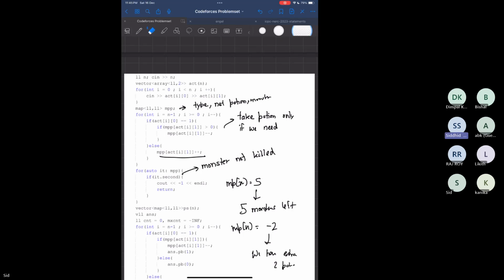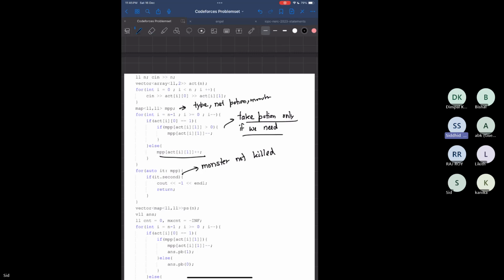I hope this part is clear. So what we are doing is act of I 0 is equal to 1, that means we can take the potion. I'll come to the optimization part where we will minimize it, but let's not worry about it. Suppose we will take the whole thing. And MPP act of I 1, if type 2, then we have encountered a monster and then we are doing plus plus. Okay, so this is the checking part.